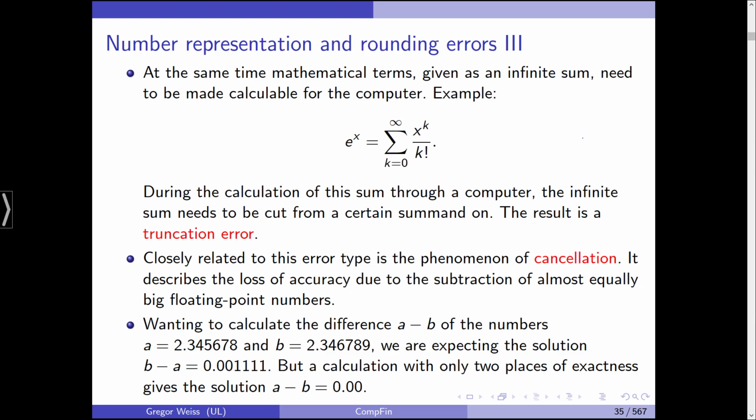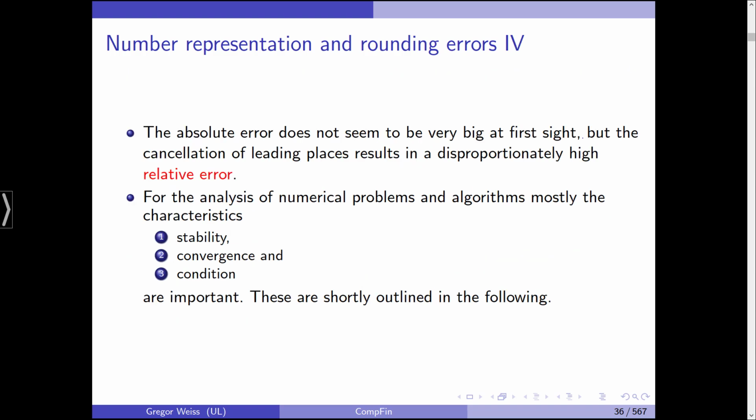But if we only calculate with 2 decimal places of exactness, we would actually get the solution a minus b equals 0. And this will give us an error.